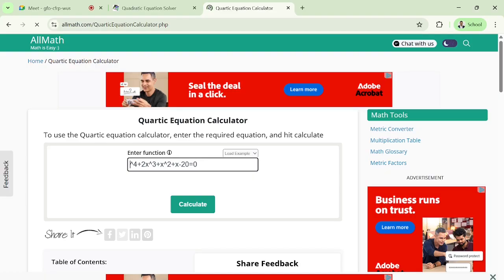So 1 by 64 into x power 4 minus 5 by 6 into x cubed plus 8 x square minus 72 into 10 power 12 into 0.179. It looks crazy.